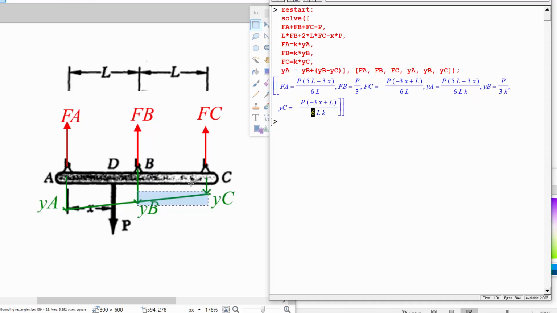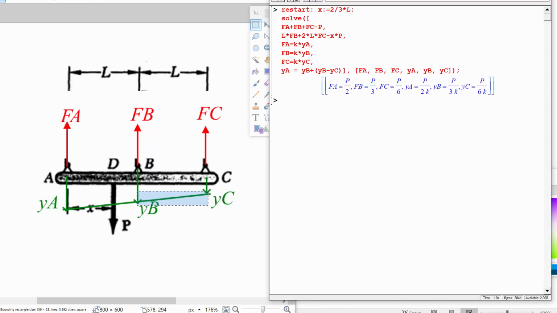So this is an example of how you can solve a more complicated one. In the particular version that they told us, X was equal to 2 over 3 times L, and that simplifies the results a fair bit. We have whatever the spring constant is scaling the Y results. YA moves the most, YB moves a middling amount, and YC moves the least.